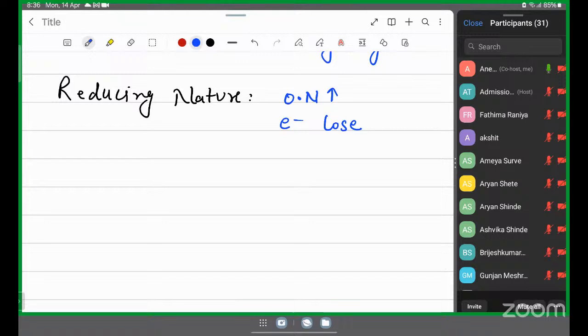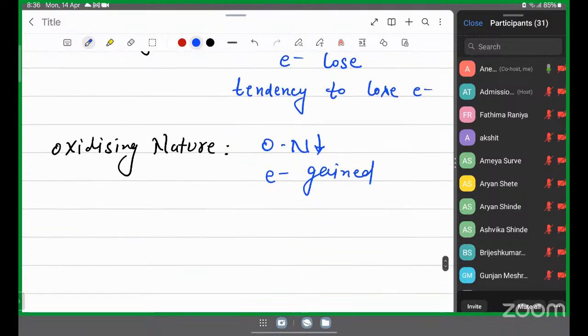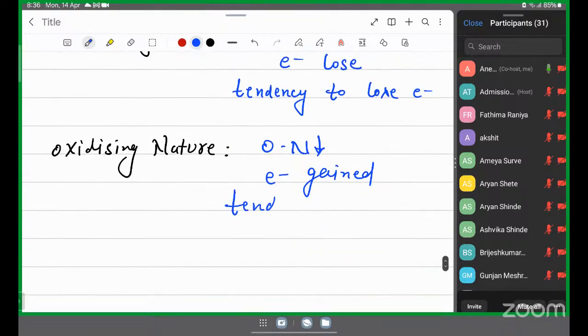So basically reducing nature means tendency to lose electron again. Oxidizing nature will be opposite of reducing nature. So in oxidizing nature, oxidation number will be decreased, electrons will be gained, and we can state it as tendency to gain electrons.